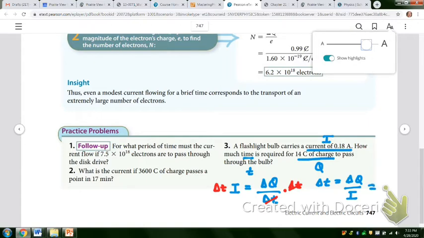Our charge is 14 coulombs, and our current is 0.18 amps. If I divide those with a calculator, that should tell me the time. You should get 77.7 or 78 seconds. So 78 seconds would be your answer for number 3.